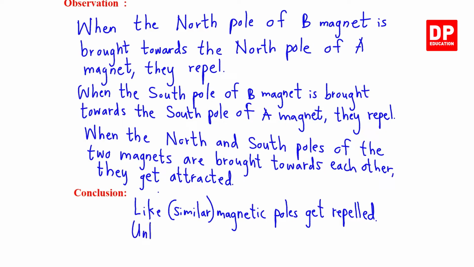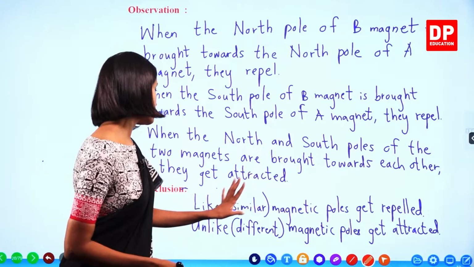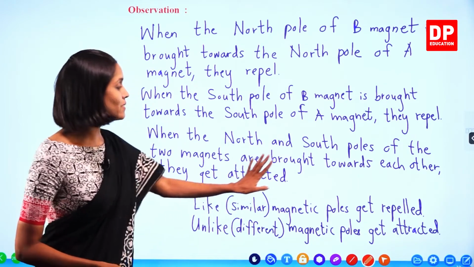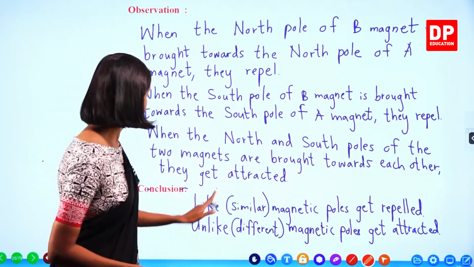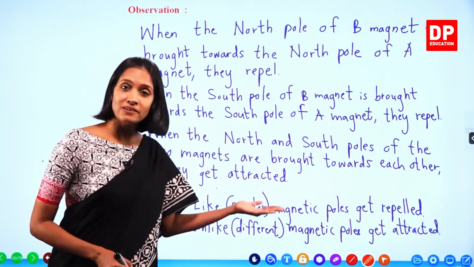Unlike or different magnetic poles get attracted. Like or similar magnetic poles get repelled, unlike or different magnetic poles get attracted. This is the main theory of magnets.